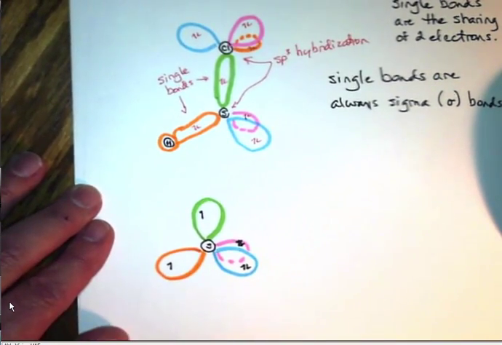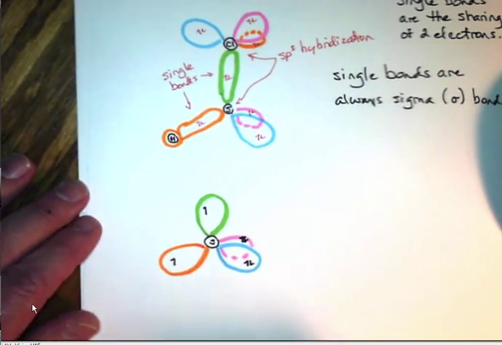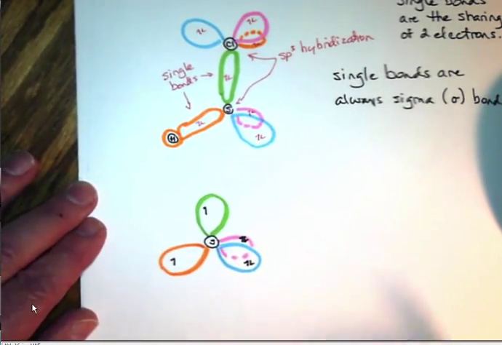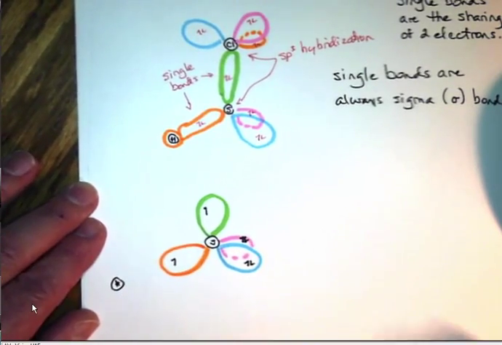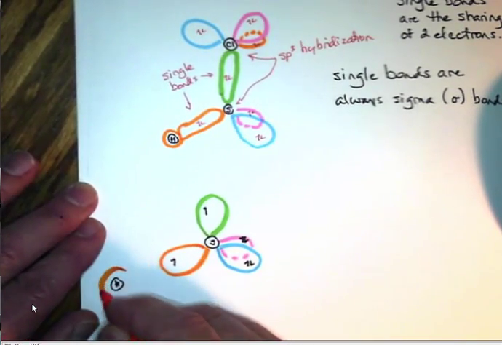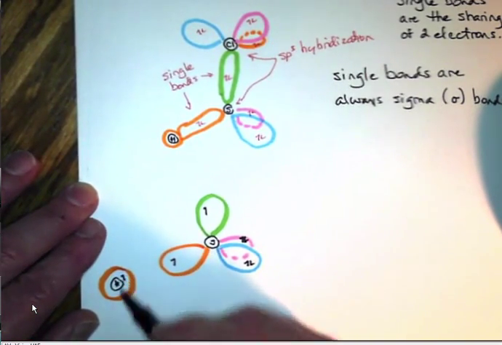That makes sense? All right, so hydrogen, remember, only has an s orbital. The s orbital is spherical, and there's just one electron there.